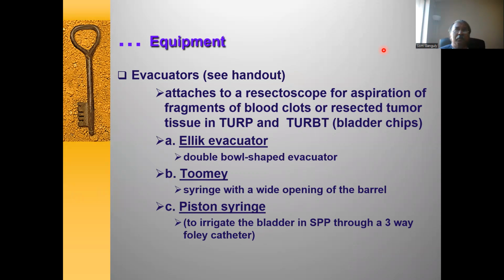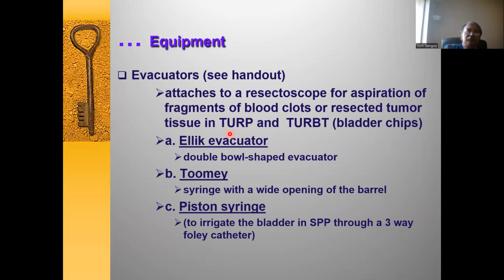When you are resecting prostate, or you are resecting tumor from the bladder neck, the procedure is called TURP, transurethral resection of prostate.